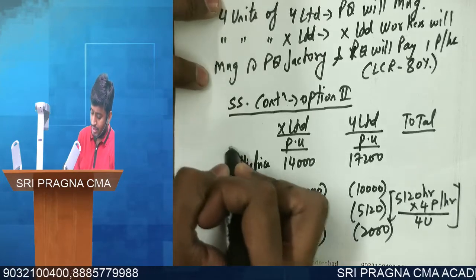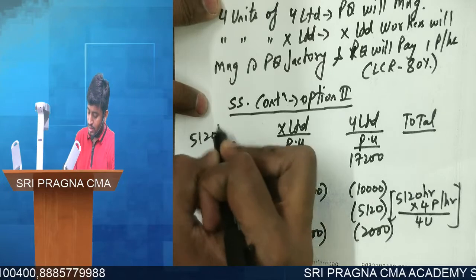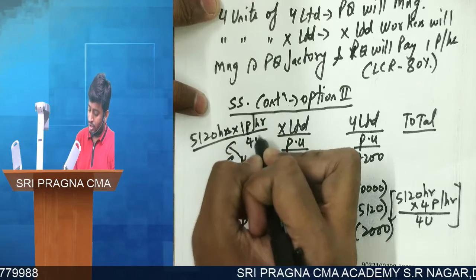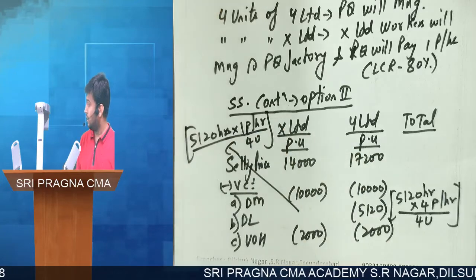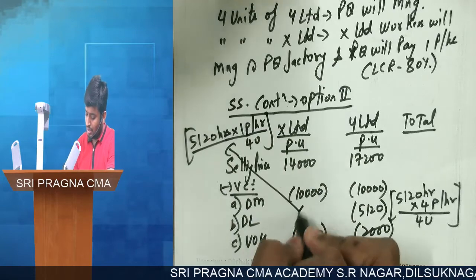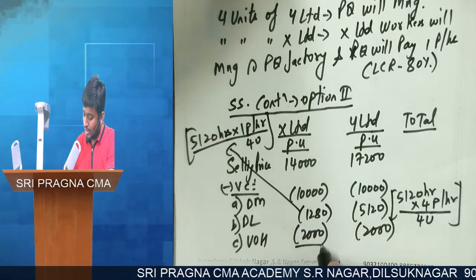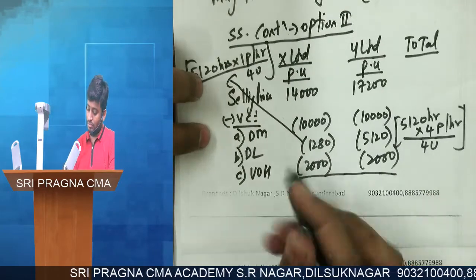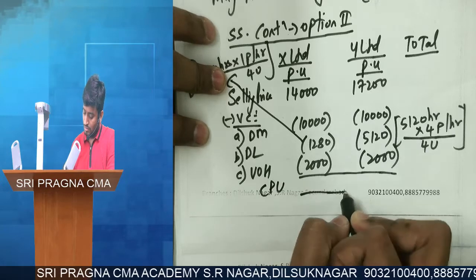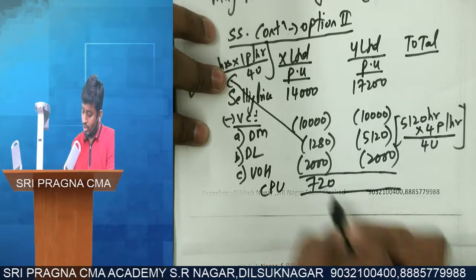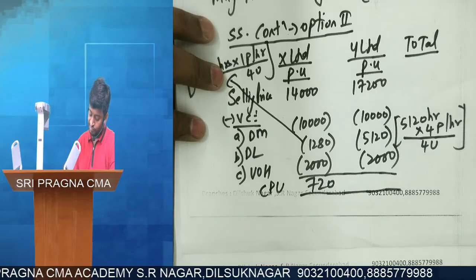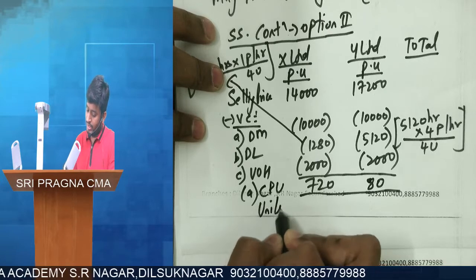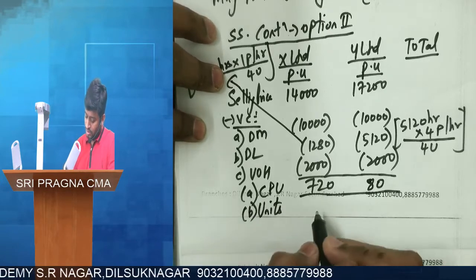So 5,120 into 1 per hour divided by 4 is 1,280. Deduct, so 120. This is A. Units 4.